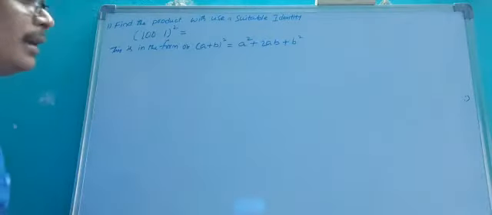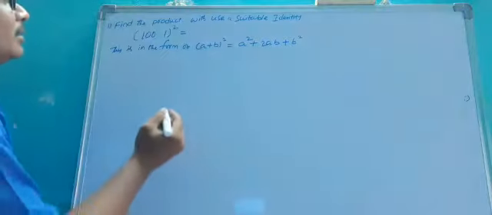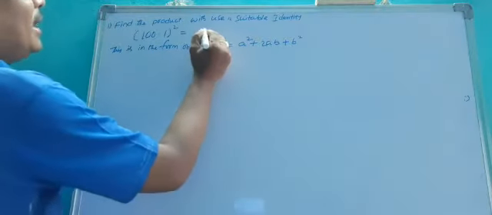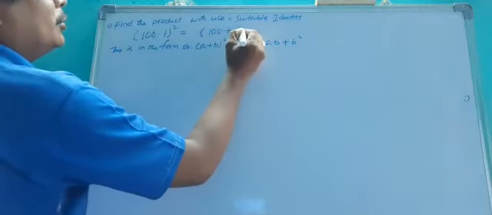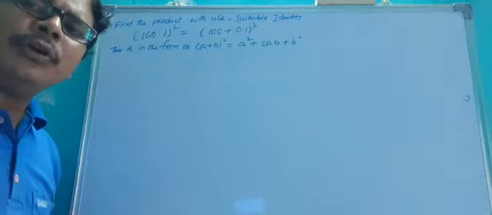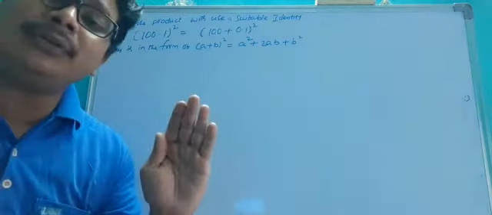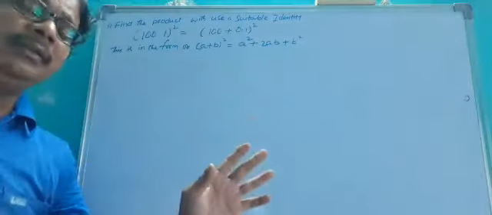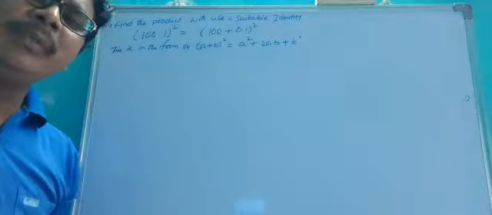Next one, 100.1 whole square. 100.1 whole square can be expressed as (100 + 0.1) whole square. With the help of a suitable identity, without doing the actual product, how to find its value in a very simple manner?